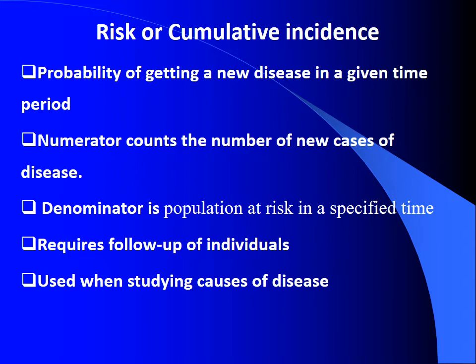This includes only new cases in a certain period out of the total people at risk. The numerator counts the number of new cases of the disease. The denominator is the population at risk. This requires a follow-up of individuals.